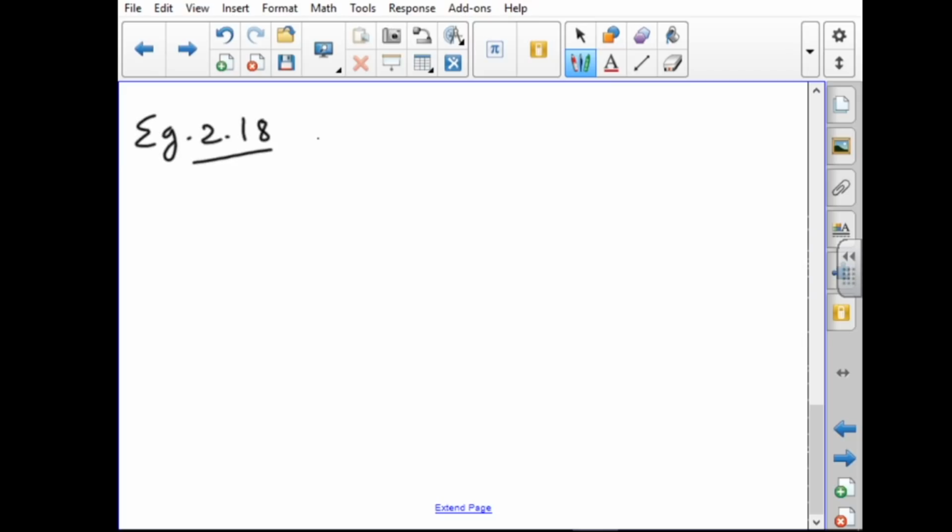Given complex number z is equal to 3 plus 2i, represent the complex numbers z, iz and z plus iz in one Argand diagram and show that these complex numbers form an isosceles right triangle. Isosceles means two sides of the triangle are equal, and here it is an isosceles right triangle. So, we have to use Pythagoras theorem also.